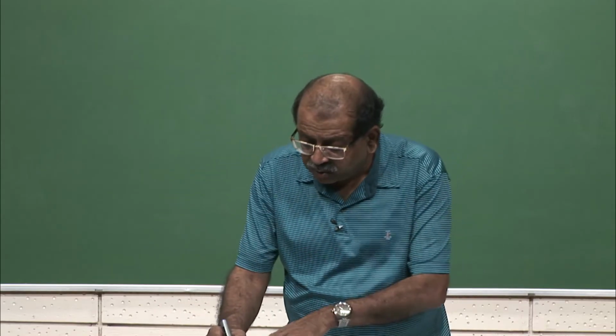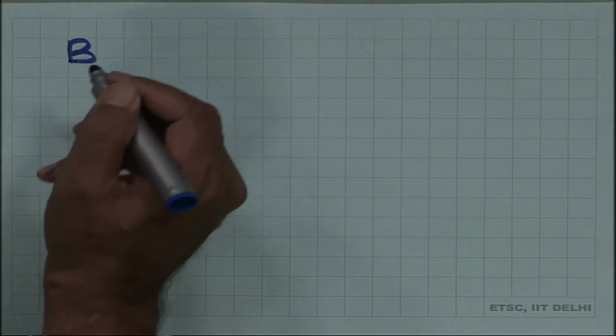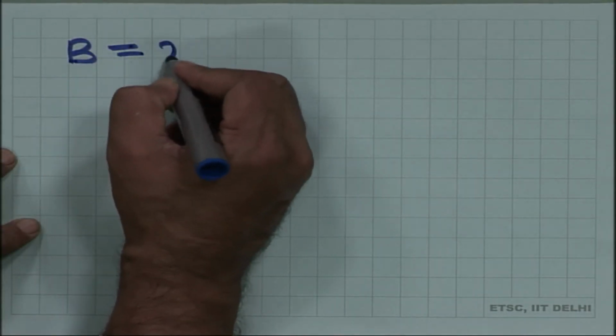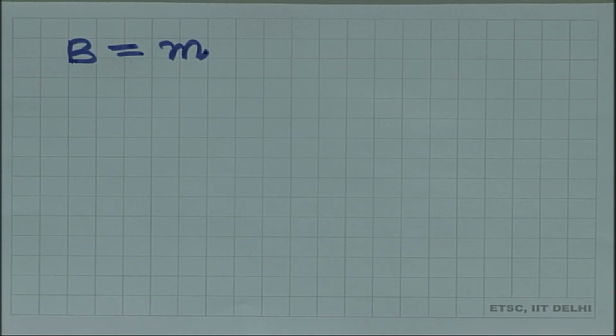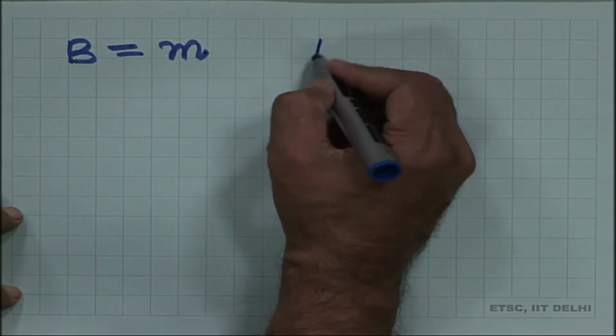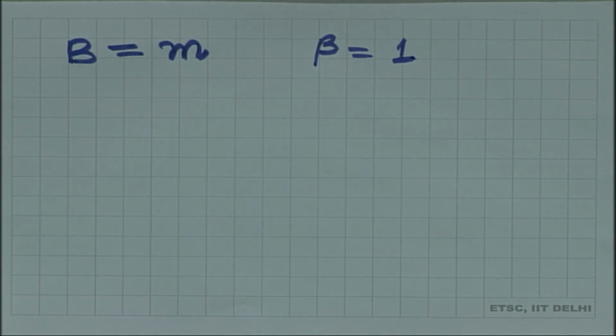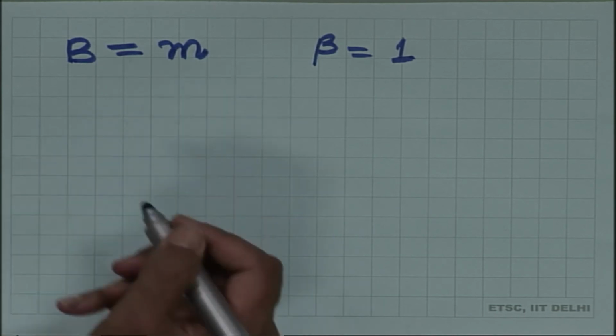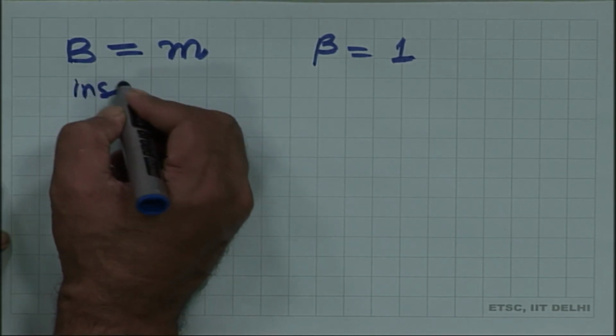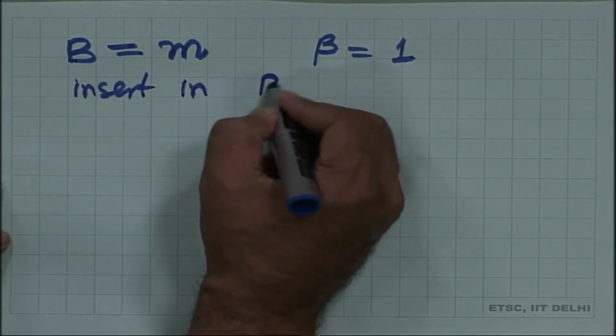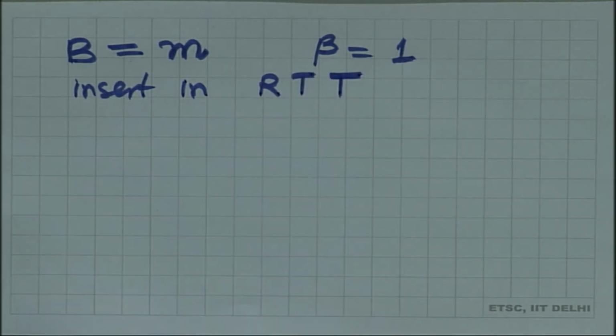Now, to do this, as you will see, we choose the property B as the total mass, and corresponding to this, as we have discussed earlier also, beta will be 1. So, therefore, now I insert this in the Reynolds transport theorem.